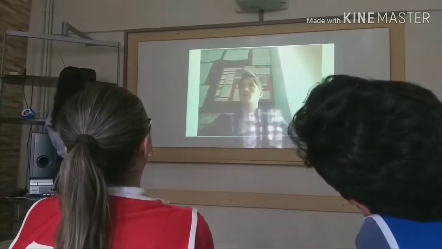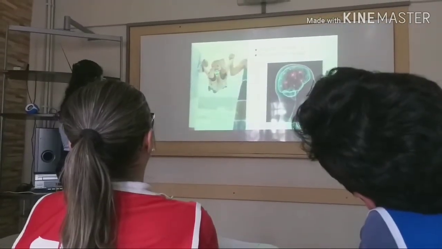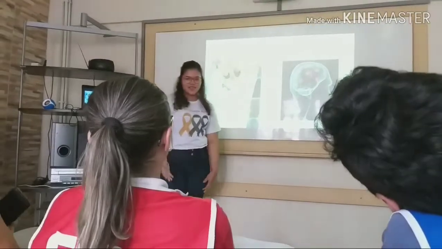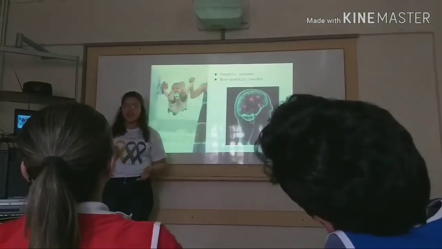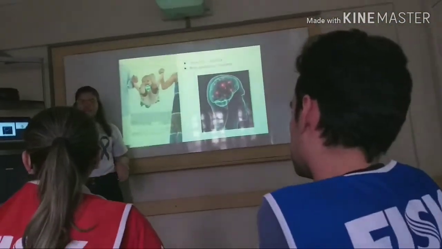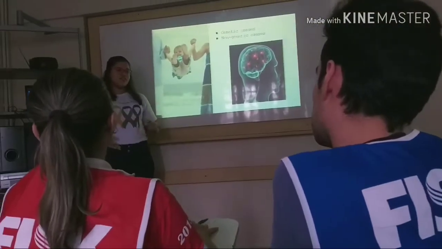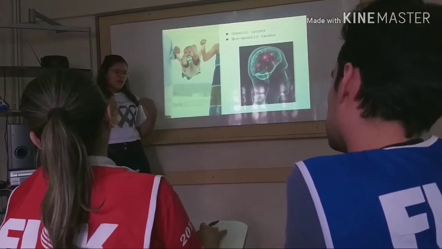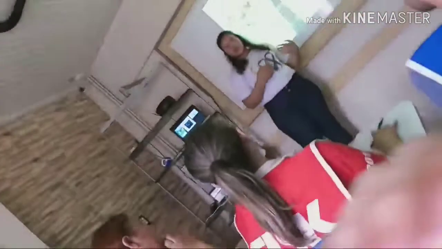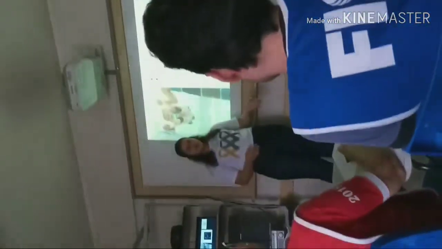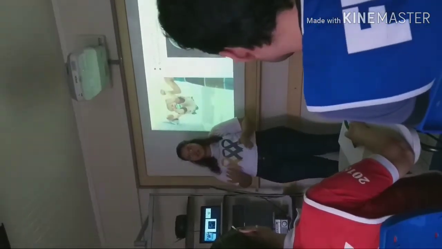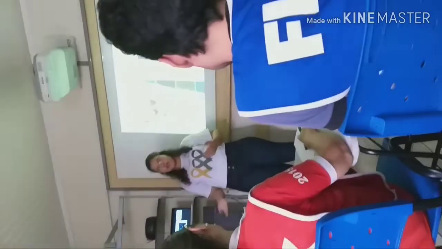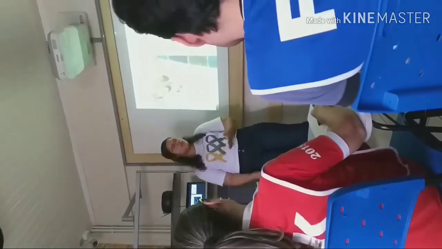And now I'm going to talk about the cause of Tourette syndrome. It doesn't have a known cause yet, because the scientists don't really know if it is all because of genetic reasons, or if it has other reasons like environmental reasons and this kind of thing.